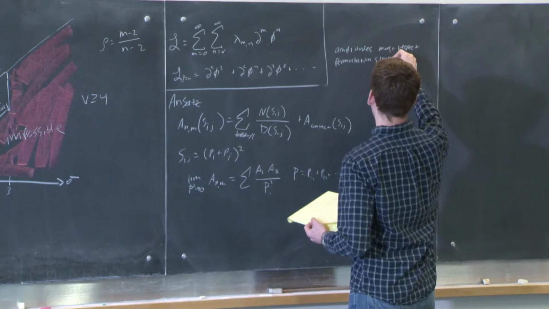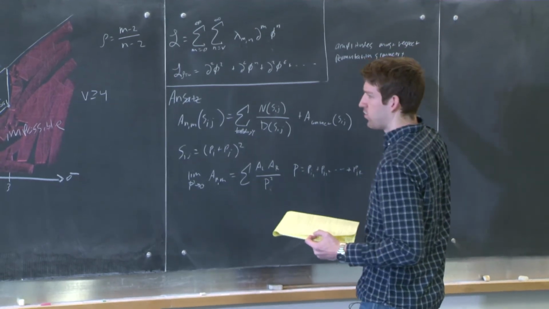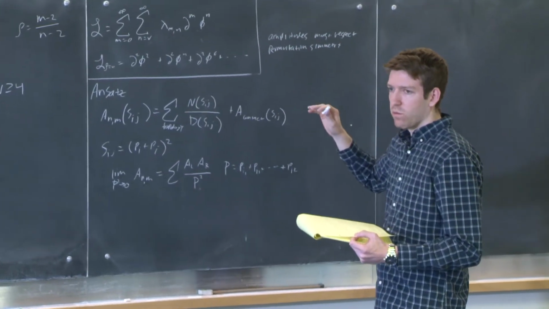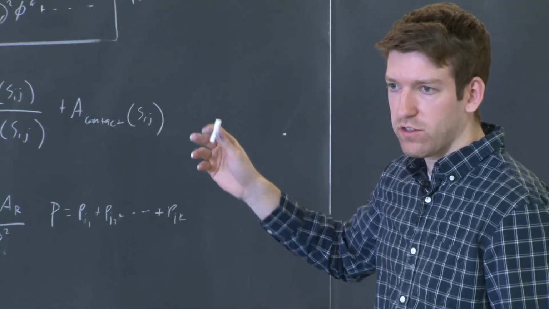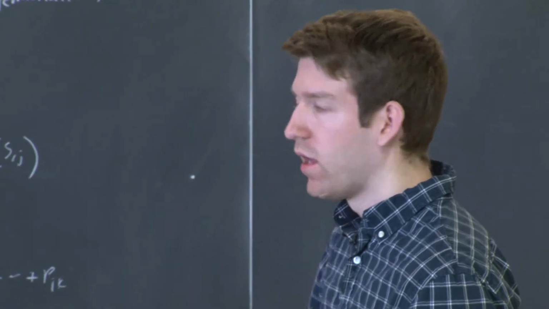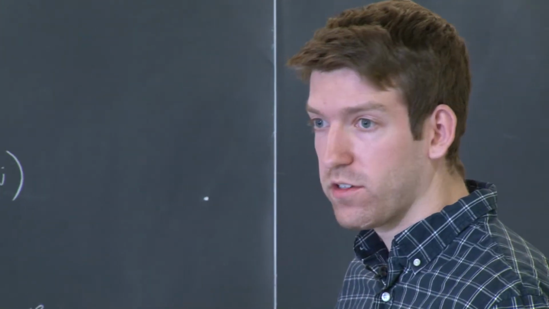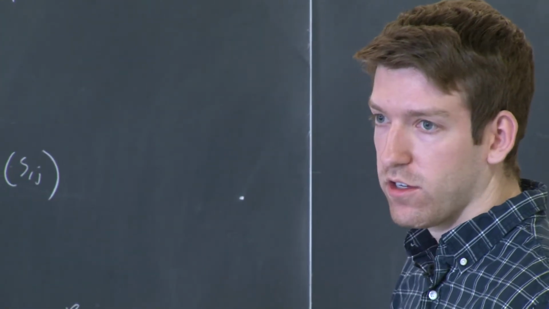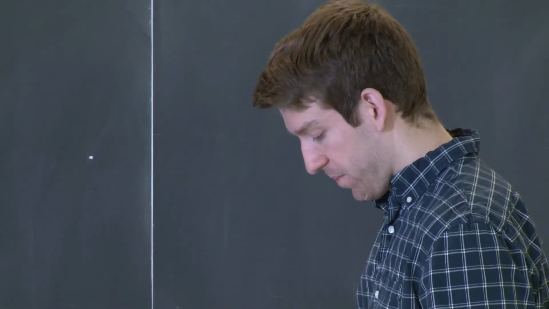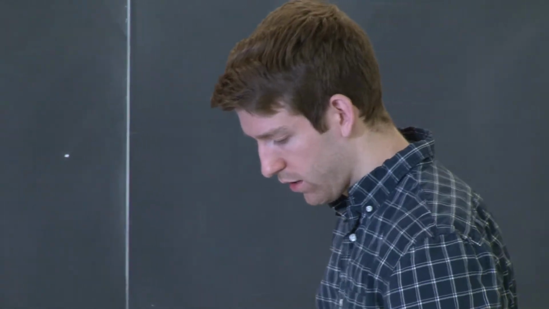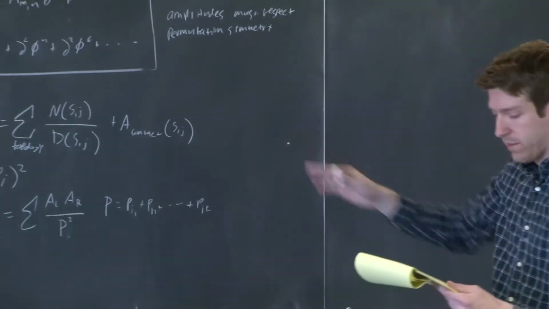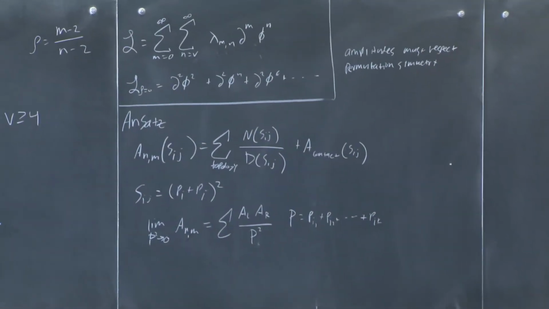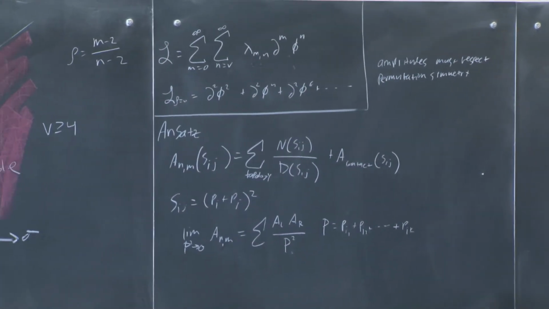That's not really a great word, because permutation symmetry implies any permutation. Really, if it's a theory of a single scalar, then swapping any leg, you must be invariant under the whole Sn group. If it's a theory of these flavor-ordered scalars, then you need to be cyclically invariant. So those are two things we must impose on these amplitudes where appropriate. For reasons of time, I'm not going to write down what one of these amplitudes might look like. There are plenty of details in those references if you are interested.